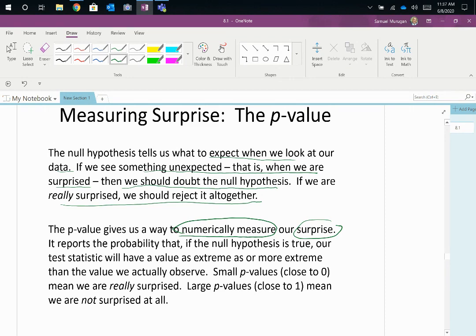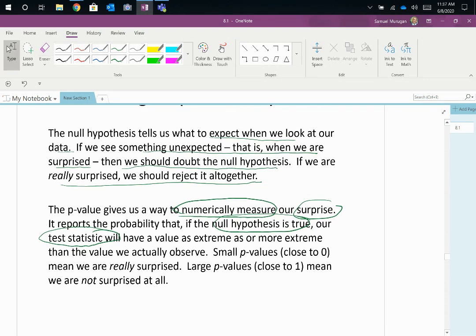The p-value gives us a way to numerically measure our surprise level. It reports the probability that if the null hypothesis is true, our test statistic will have a value as extreme or more extreme than the value we actually observe. Small p-values, close to 0, mean we're really surprised.